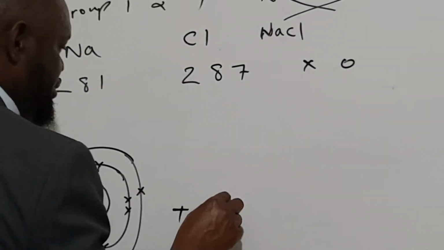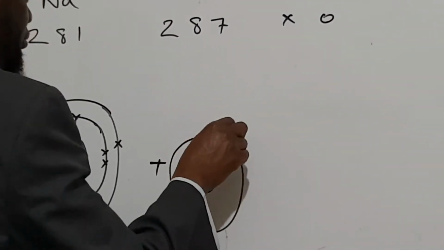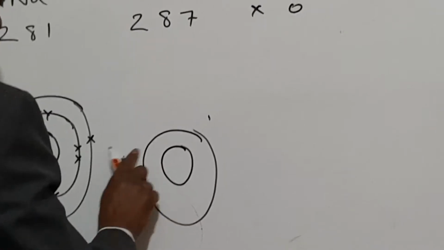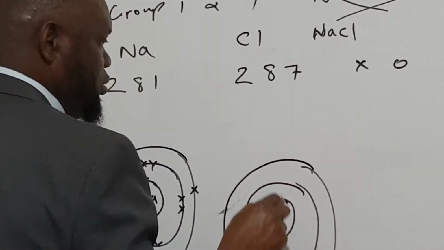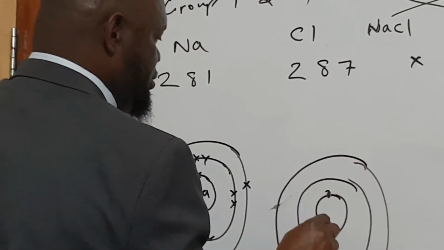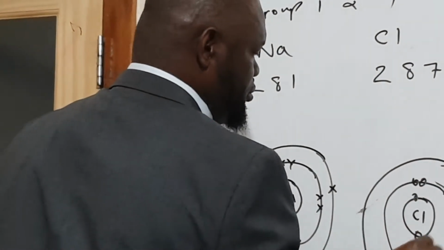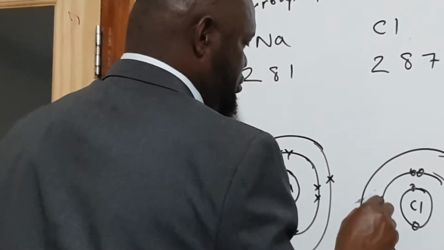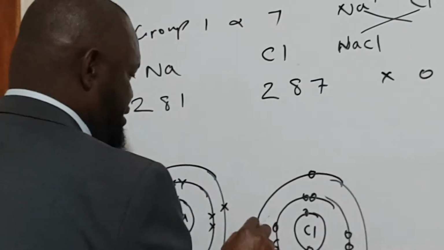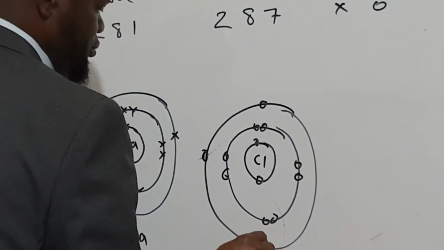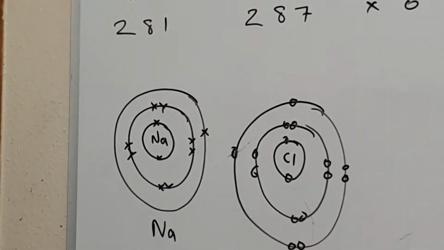Now chlorine, Cl, then we have 7. Now, you look at them.